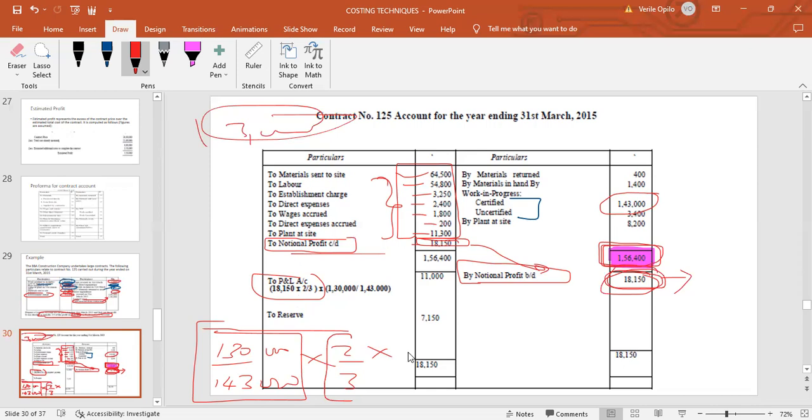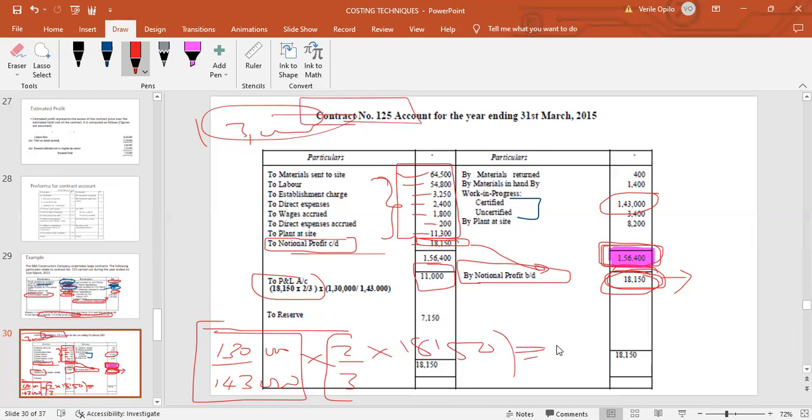which you have obtained of 18,150. The value we get is what we are going to transfer to the statement of profit or loss of the company, or the income statement, as the profit for the period relating to contract number 125. So what do we do?